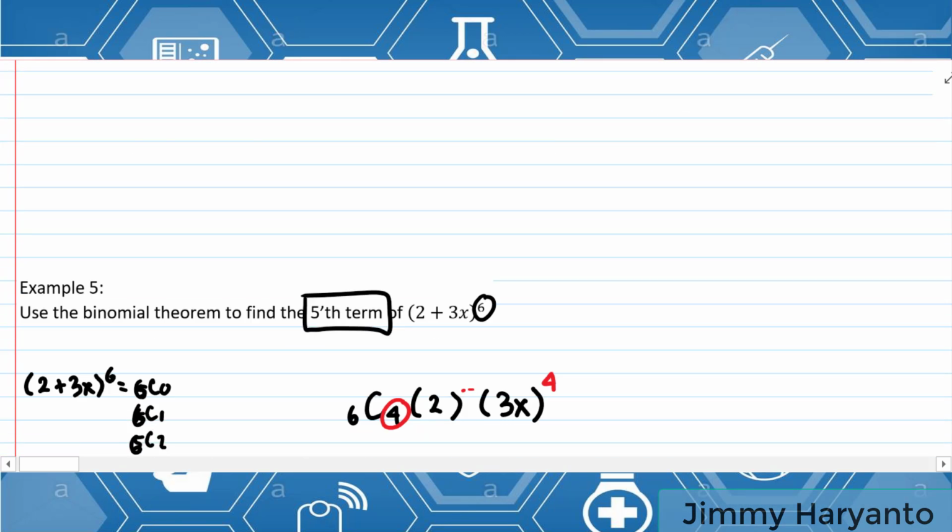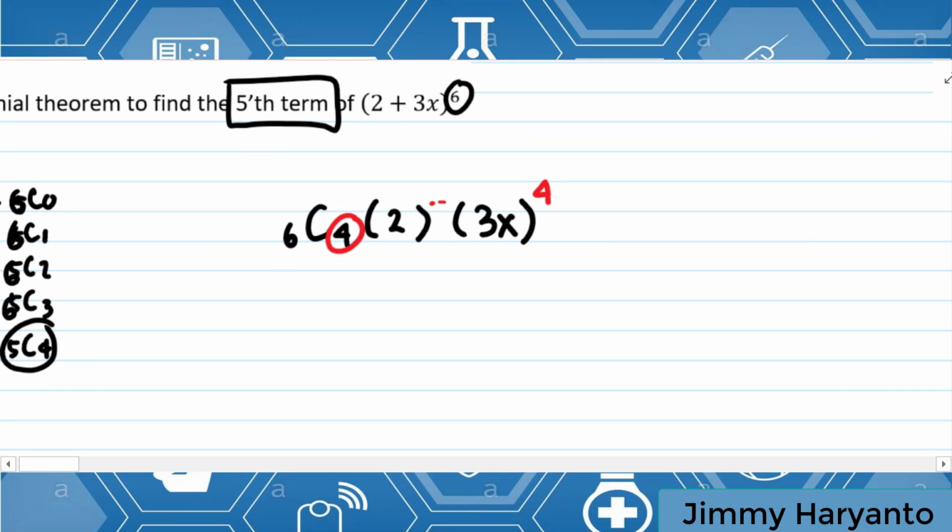So here the power is 6, so the sum will be 6. If this one is 4, then this one will be 2. The sum will be 6.